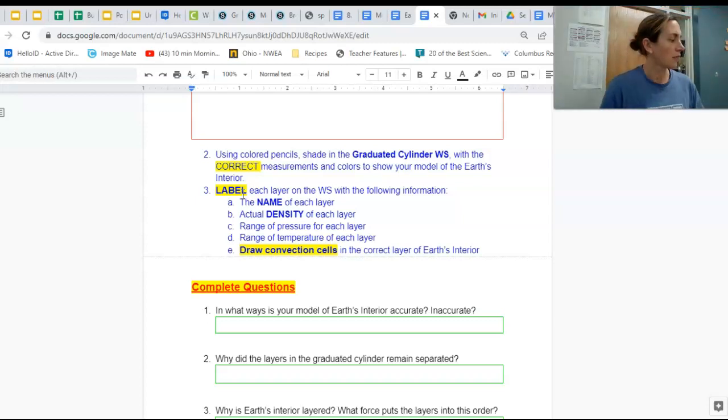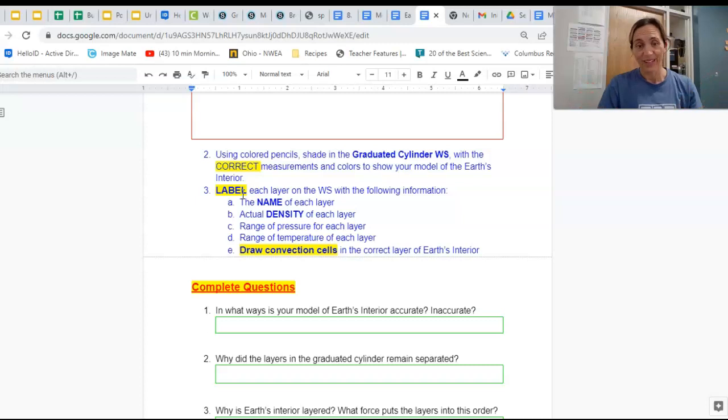So get a copy from your teacher, and I would like you to please use that chart to write down what is the actual density of each layer, what is the range of pressure, so greatest to smallest, range of pressure for each layer, what is the range of temperature for each layer, and then this is probably my favorite and what I think is the most important in our learning here, is to draw convection cells in the correct layer of Earth's interior.